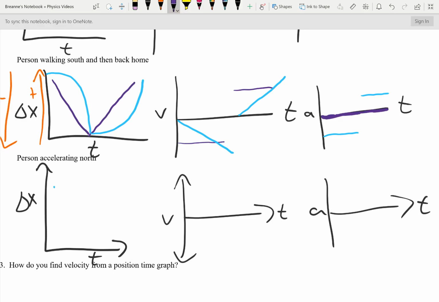So speeding up, remember speeding up is horizontal to vertical. You can see how that starts out flat, then it goes vertical, you're speeding up. North is a positive direction, so we're going up the graph.